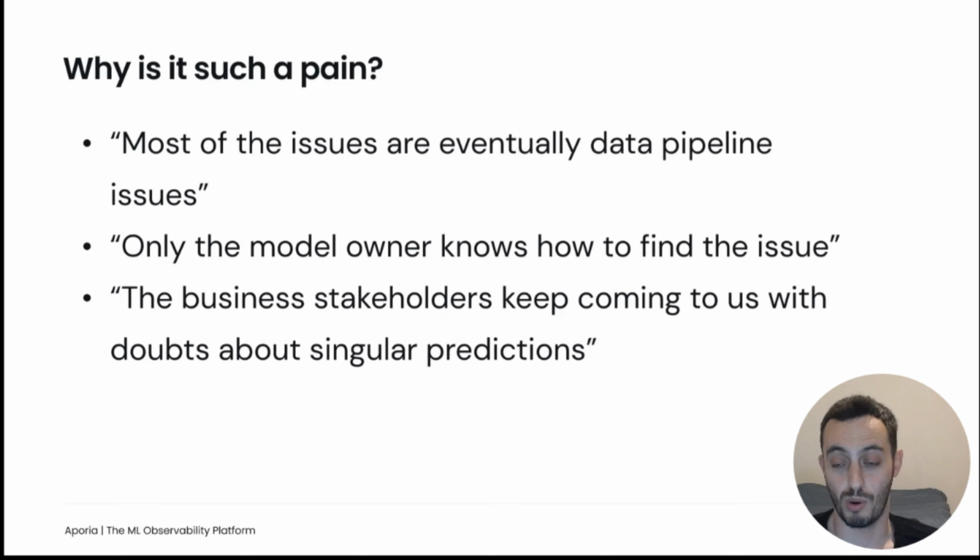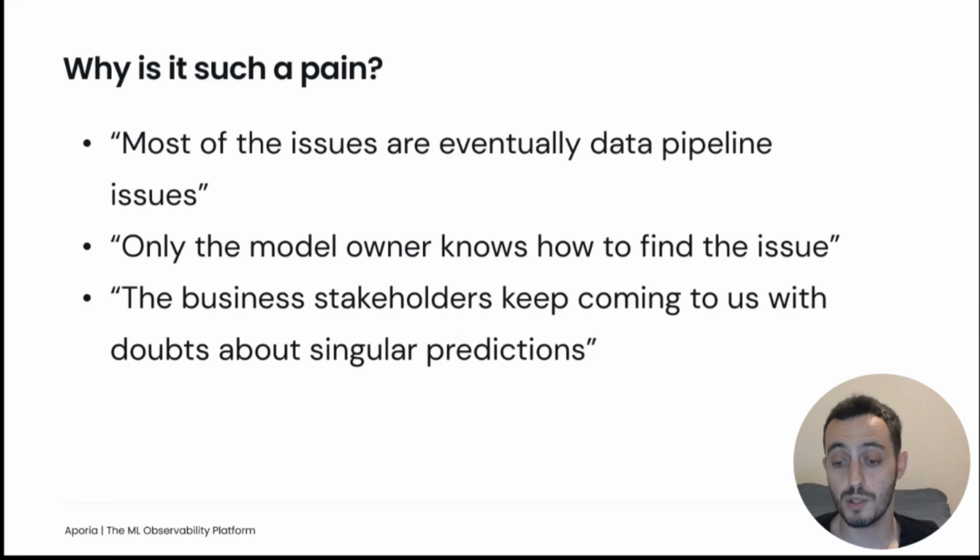These are actual quotes from customers or prospects that we talked to. And I'll touch on each of them because they're very interesting for different reasons. This is a quote that we specifically heard from a couple of data scientists. So the first one is: most of the issues are eventually data pipeline issues.